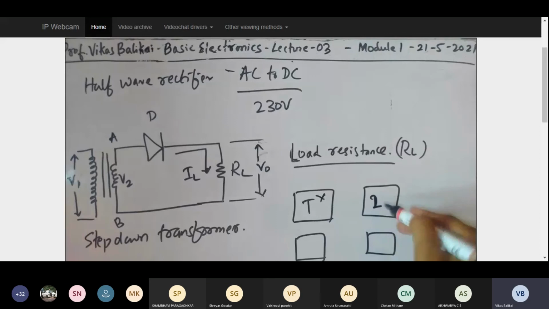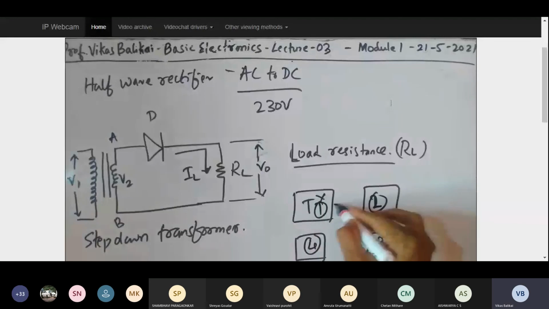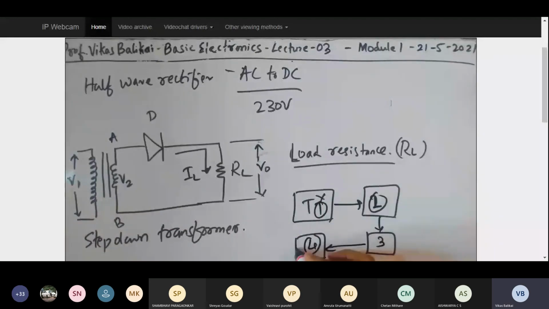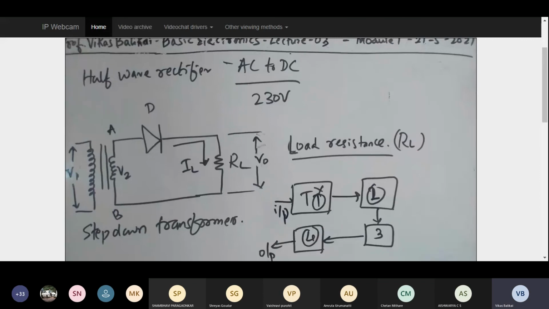Here there is one more block number 3, and there is a block number 4, and I want to join all the blocks and come out with a wonderful architecture. Here I give the input and I want to get the output. Assume that this is my setup. When I build this architecture, I should be building phase by phase. First I'll be building block number 1, next block number 2, next 3, and next 4.